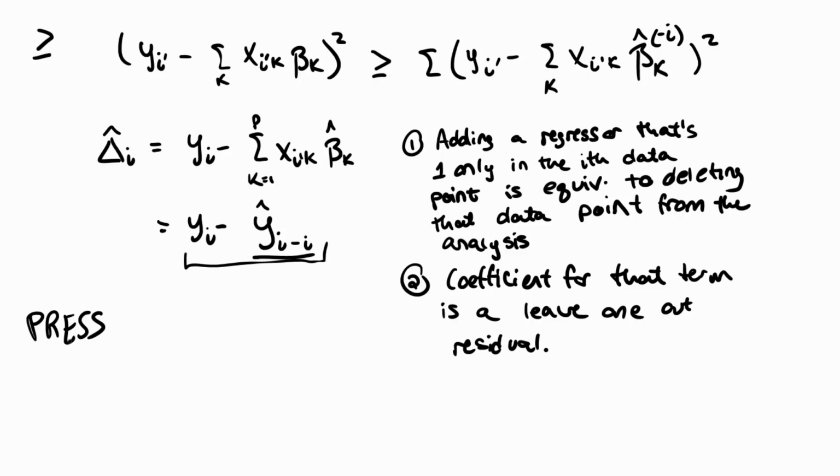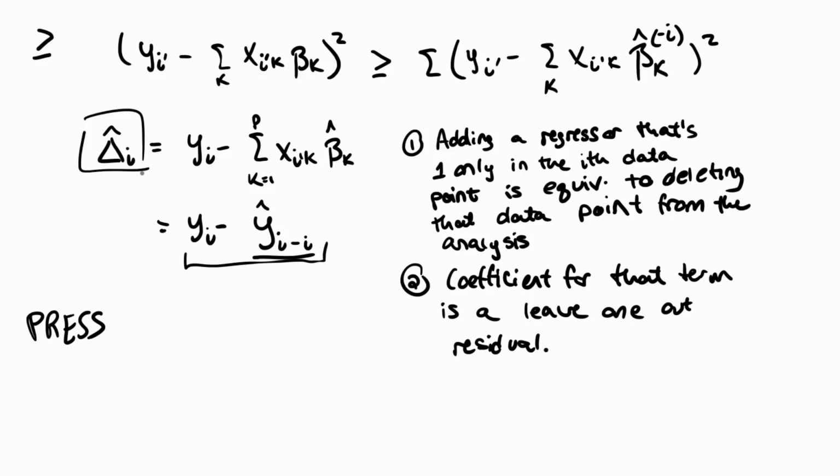The other interesting fact about this is that you can obtain the leave one out cross-validation residual by fitting a model with this extra term in. Another interesting fact is that the coefficient table for the delta_i, that t-test, is sort of an outlier test for the ith data point.